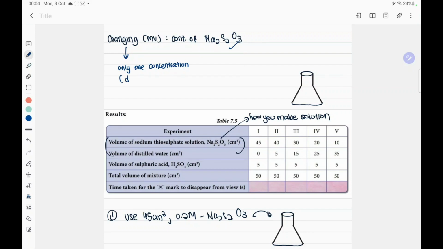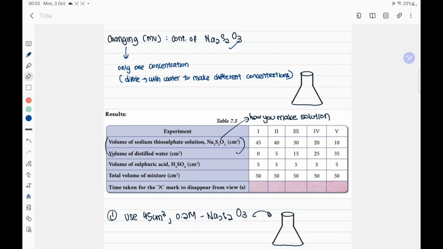We are going to dilute the concentrated one with water to make different concentrations. This is more like practical, isn't it?